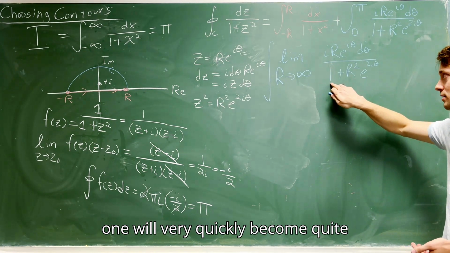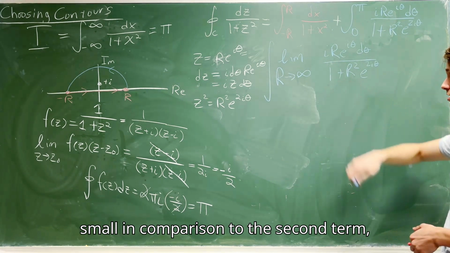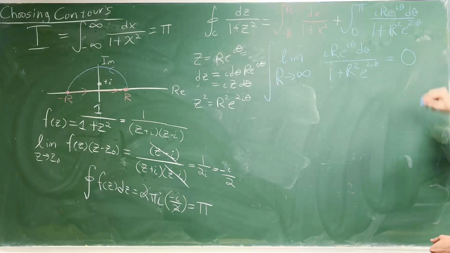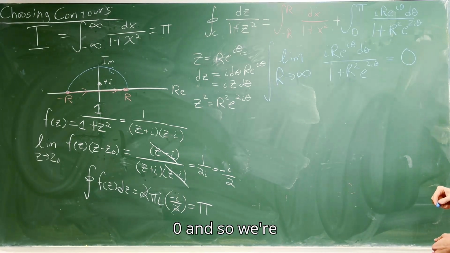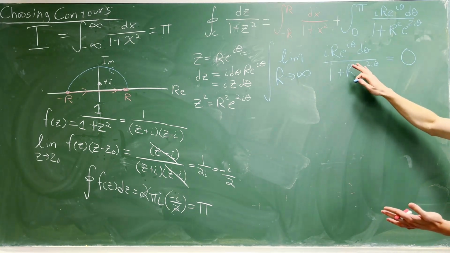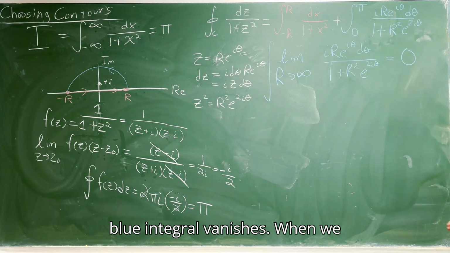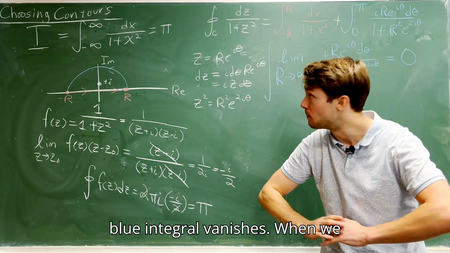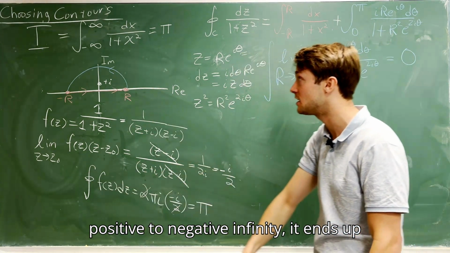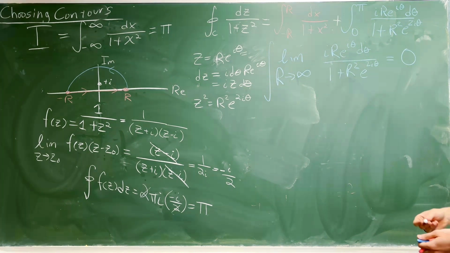The value of 1 will very quickly become quite small in comparison to this second term. And so this limit evaluates to 0. And so we're integrating 0 d theta, and we end up getting that this blue integral vanishes. When we blow up this semicircle integrating from positive to negative infinity, it ends up vanishing and turning into 0.